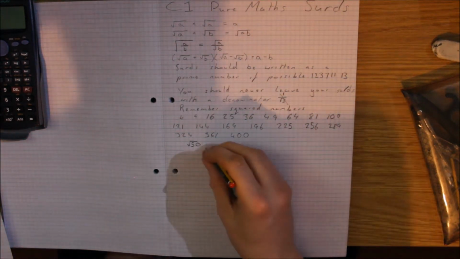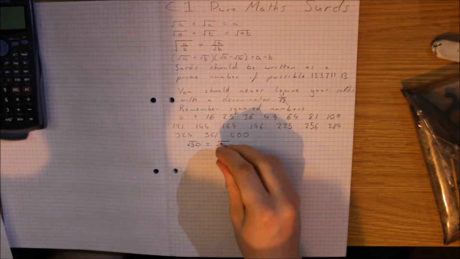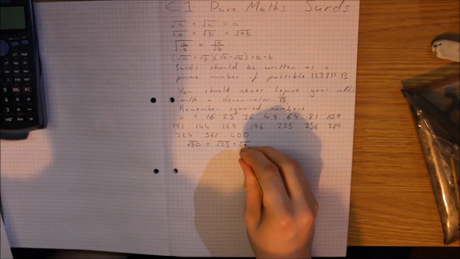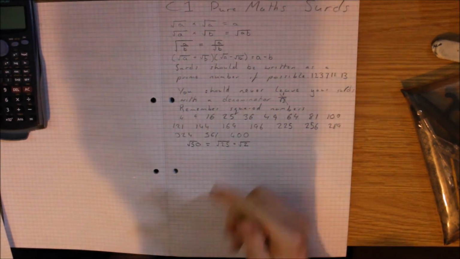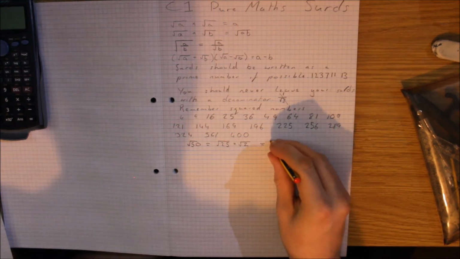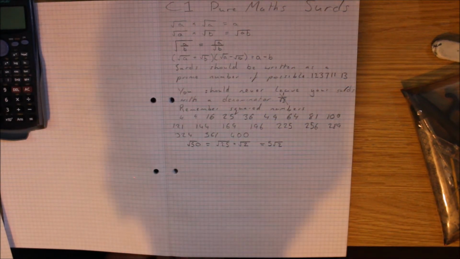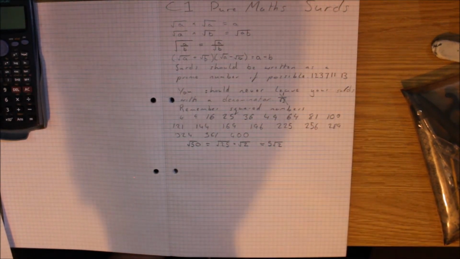So I can spot that root 25 times root 2 would be in here, and this can be split down again, so we're left with 5 root 2. So that's an example of that one.